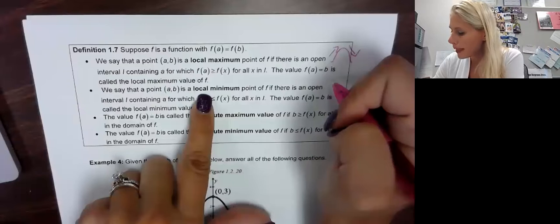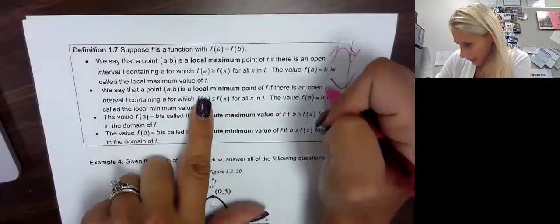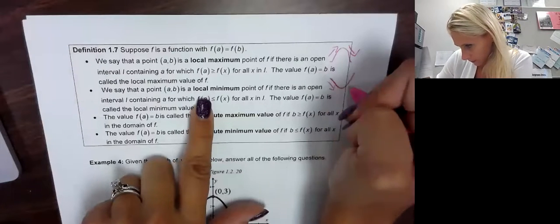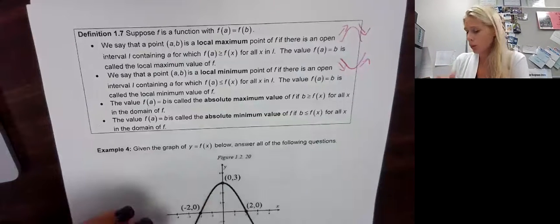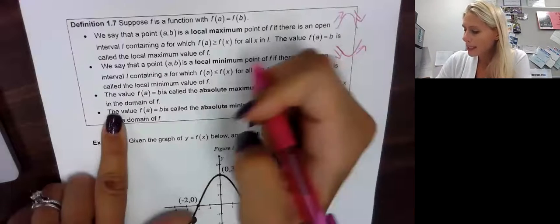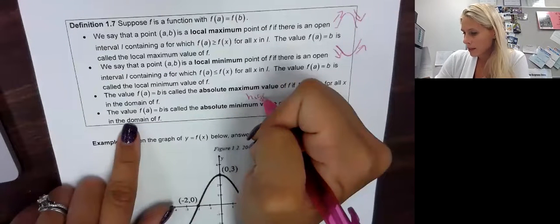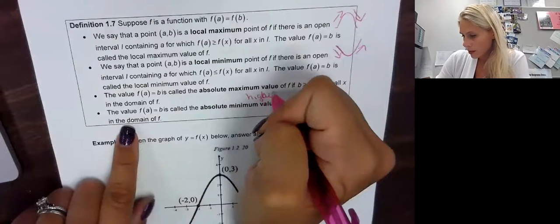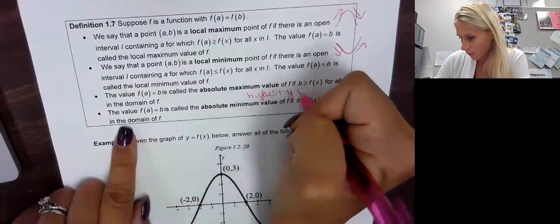A local min is a decrease to an increase, okay? Now, here is about the absolute. Absolute max is the highest y value.